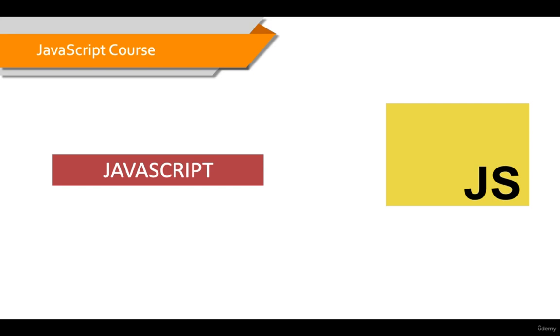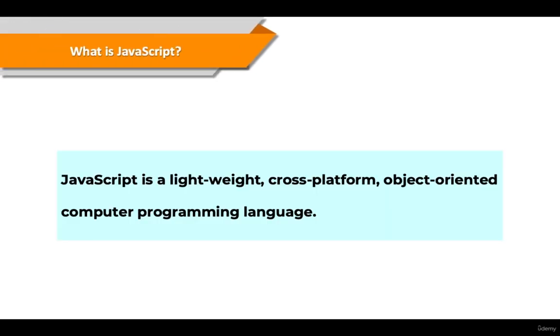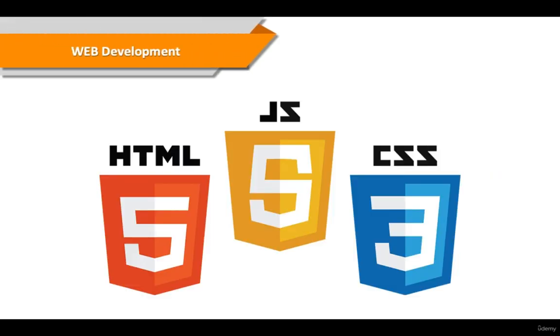So all in all, throughout this course, we've learned what JavaScript is. And JavaScript, to review one more time, is a lightweight, cross-platform, object-oriented computer programming language. Yeah, and then we talked about the role of JavaScript in web development and how very useful it is.